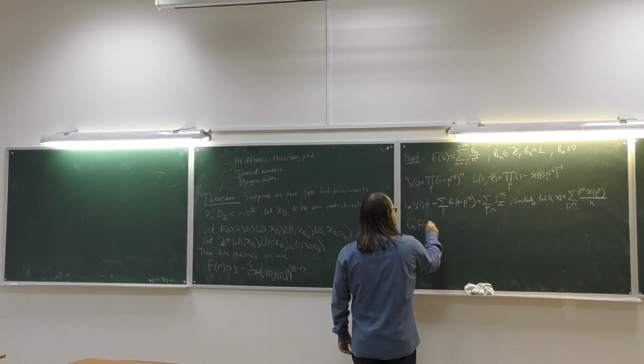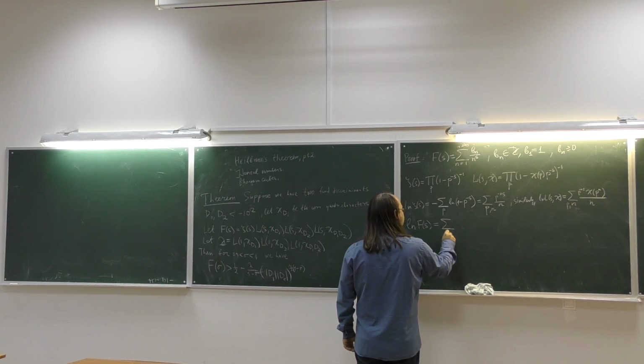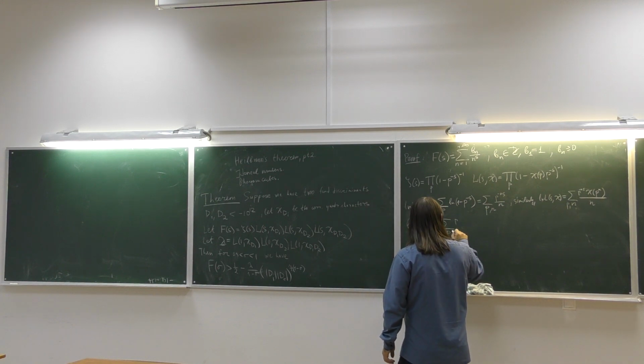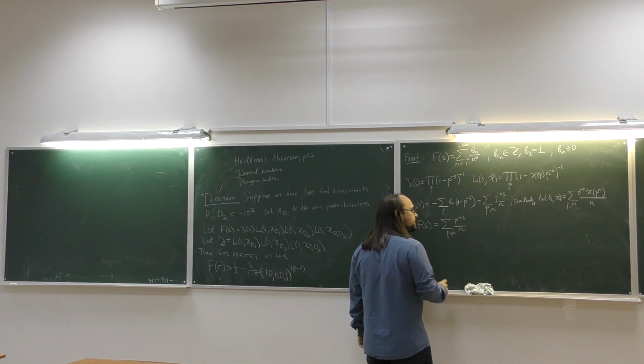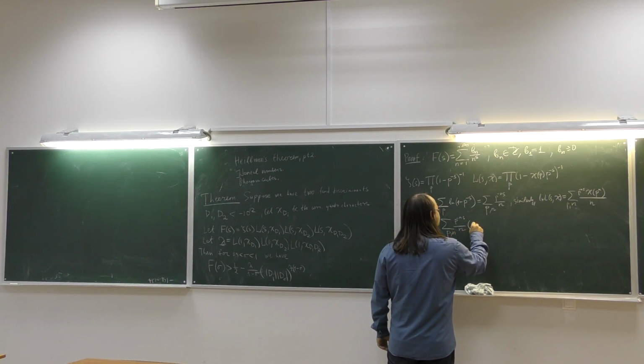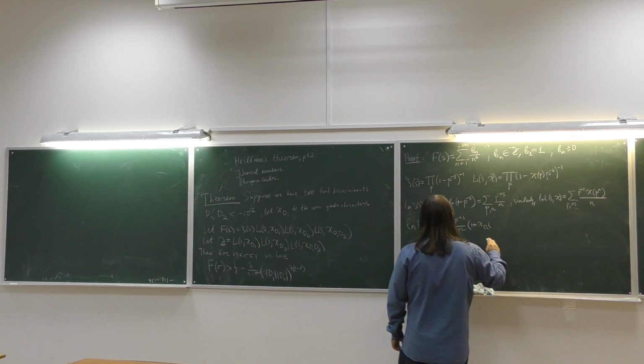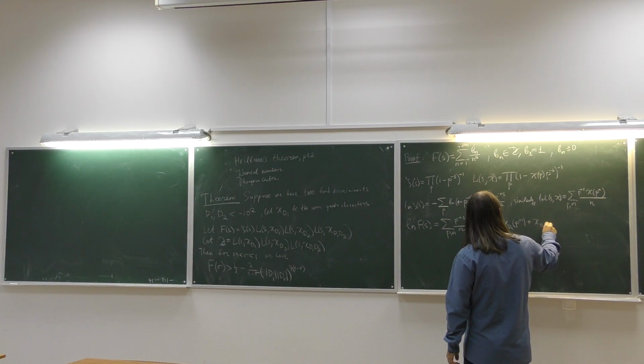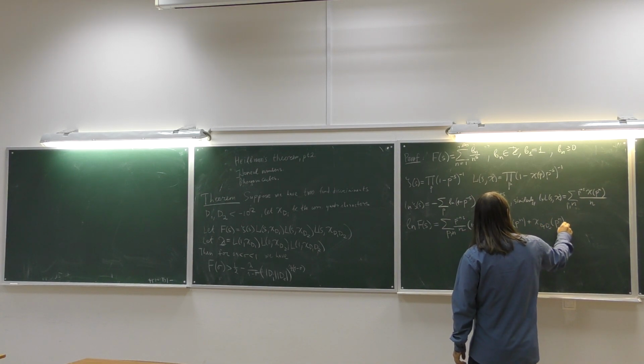Logarithm of f of s is equal to the sum over all p and n of p to the minus ns divided by n, times (1 plus chi d1 of p to the n plus chi d2 of p to the n plus chi d1 d2 of p to the n).